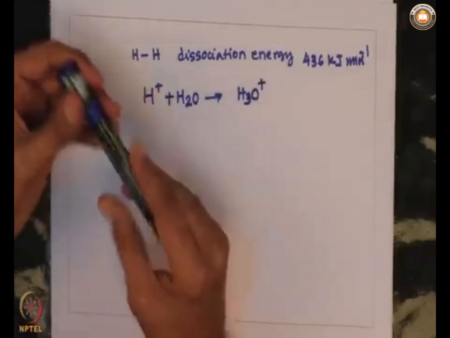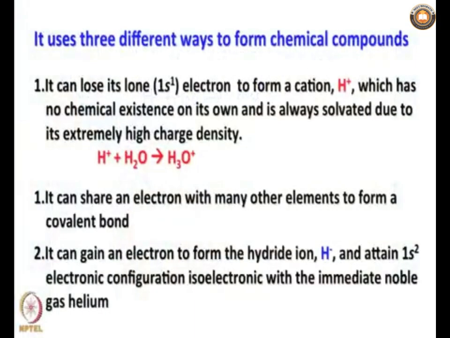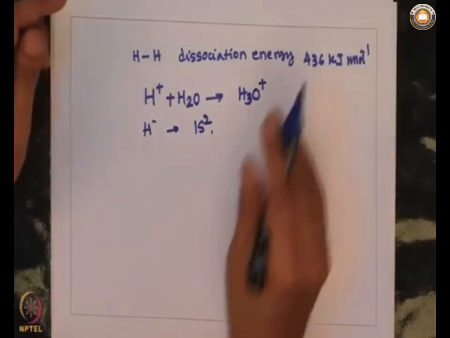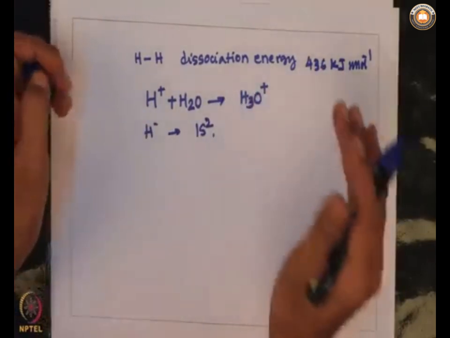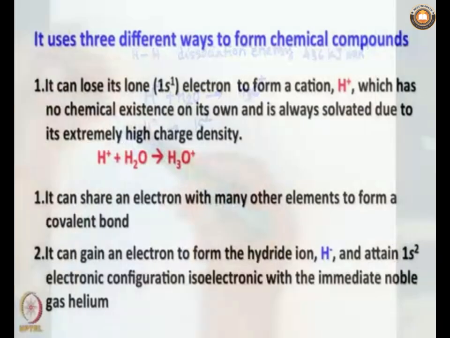In contrast, it can take an electron to complete its octet and form a hydride ion, and it can also react with other elements to form a covalent hydride. It can also share an electron with many other elements to form a covalent bond. So once it forms H minus, it attains 1s2 electronic configuration. That means you can anticipate three different types of hydrogen compounds when it combines with elements, especially those of alkali metals or alkaline earth metals.